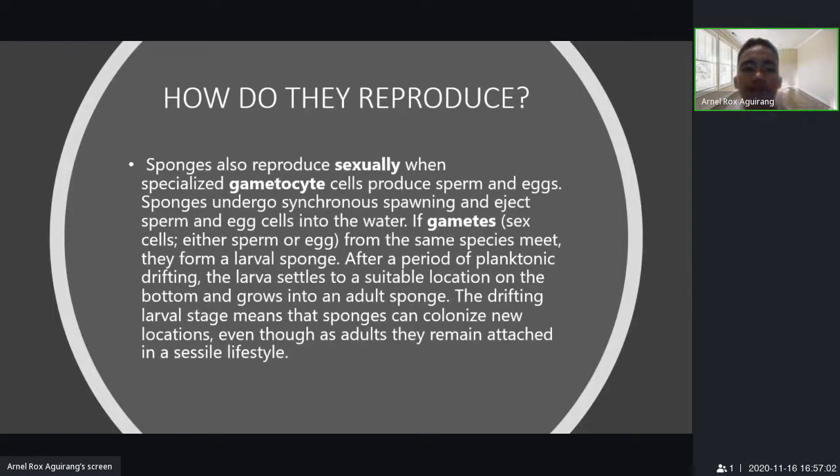So sponges can also reproduce sexually when specialized gametocyte cells produce sperm and eggs. As we all know, gametocytes are the sex cells. Sponges undergo synchronous spawning and eject sperm and egg into the water. They simply eject sperm and eggs into the free water, and if gametes from the same species meet, they will form a larval sponge.